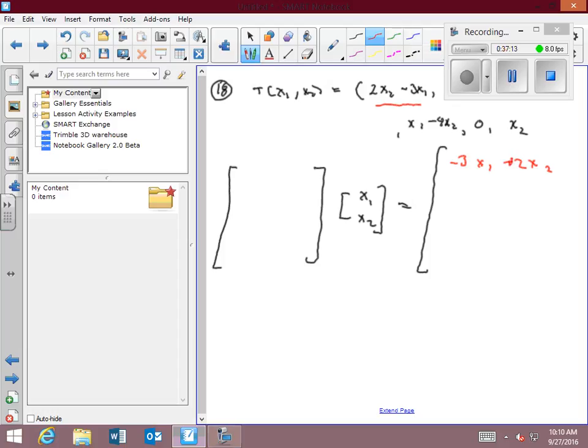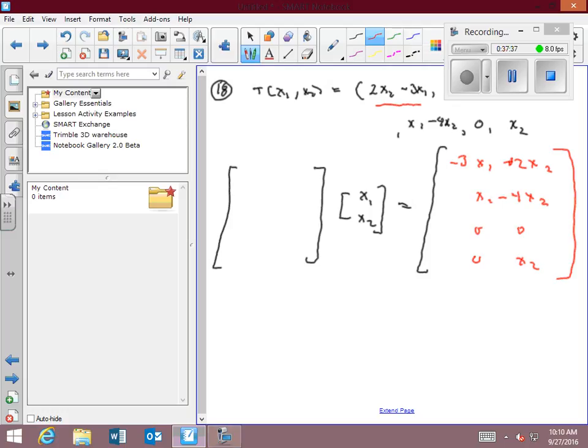Otherwise you get confused on writing it back. And this is x1 minus 4x2. And then it's 0, so it's 0, 0. And then it's 0x2. So once again, it's just figuring it backwards.